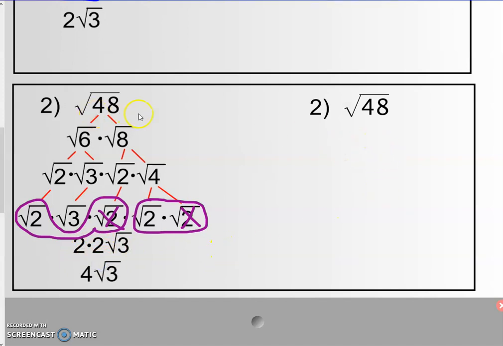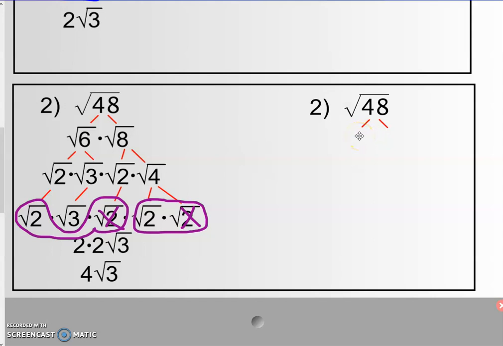Now, I want to look at that problem, but this time I want to look at it with a little bit of thought. Sure, we could factor 48 into 6 times 8. But if you go back and you think about your perfect squares, 1, 4, 9, 16, 25, there's a really big perfect square that goes into 48.